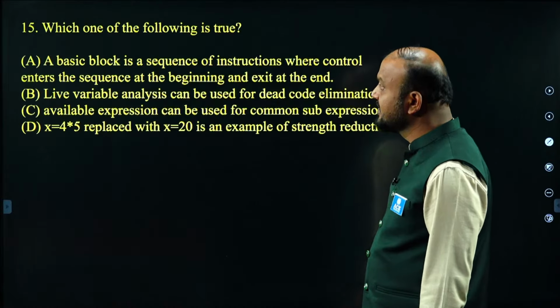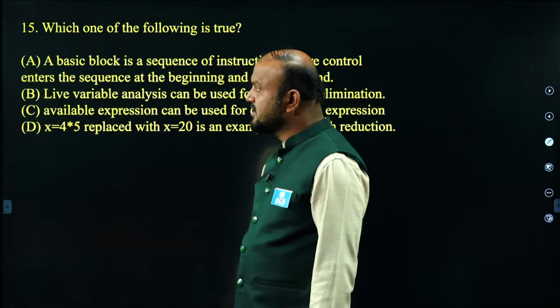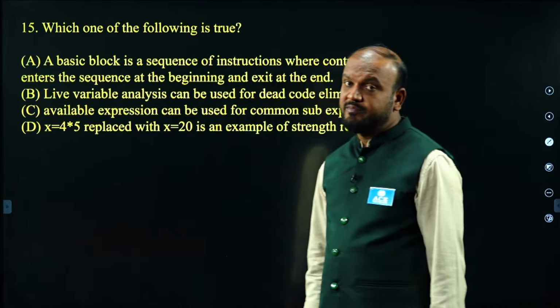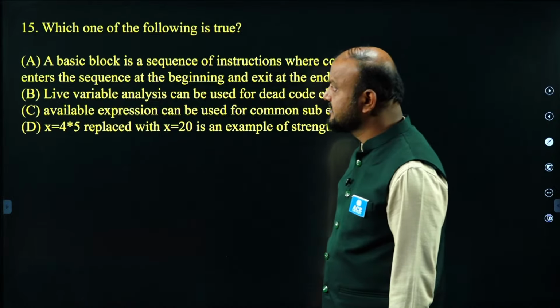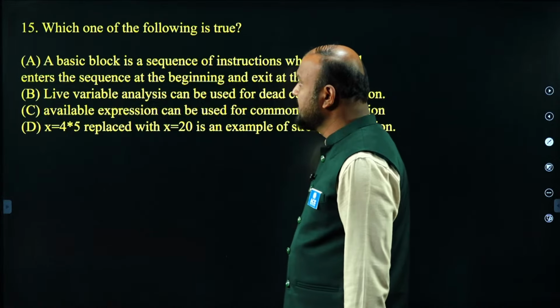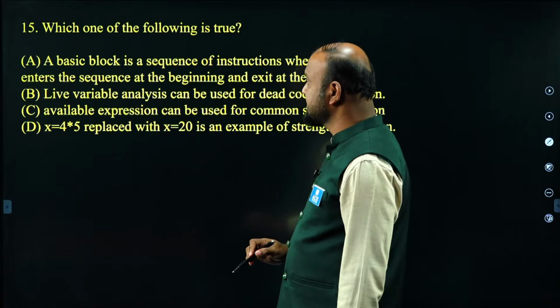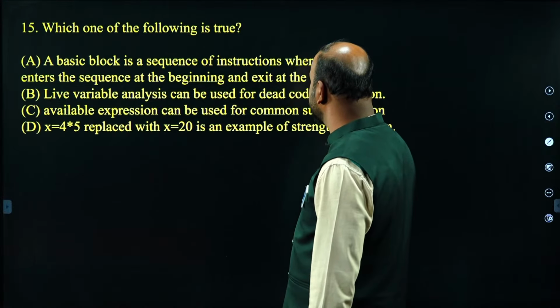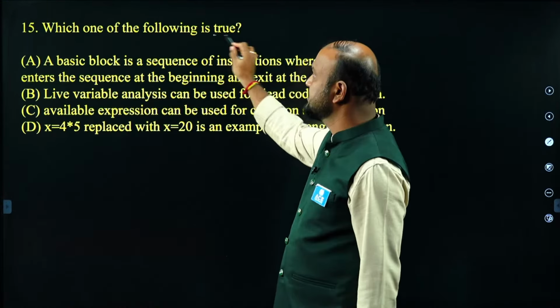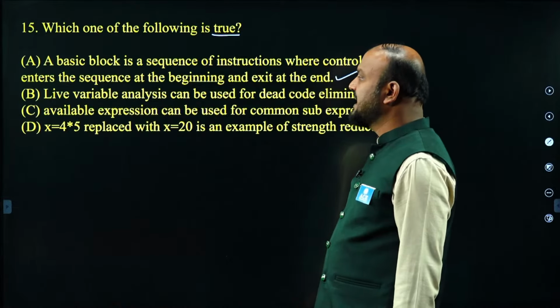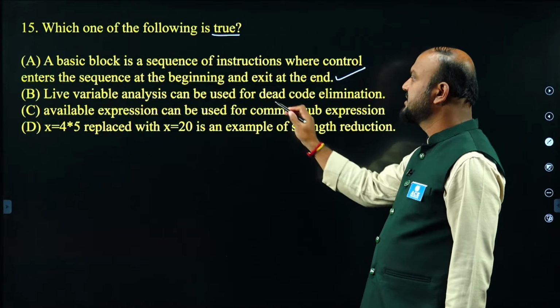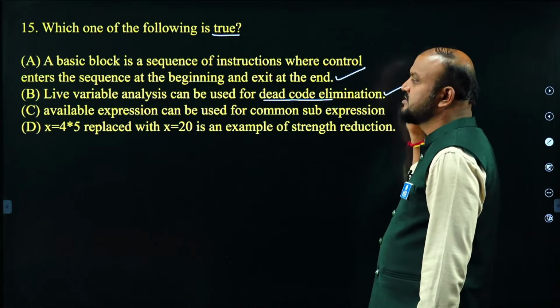Done. And next are some theory questions on optimization techniques. A basic block is a sequence of instructions where control enters the sequence at the beginning and exits at the end. It is a true statement, correct? Because the question asks for true statements. Live variable analysis can be used for dead code elimination. Yes, this is also true.